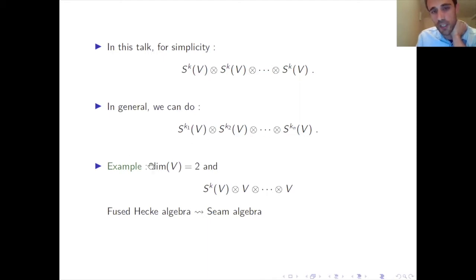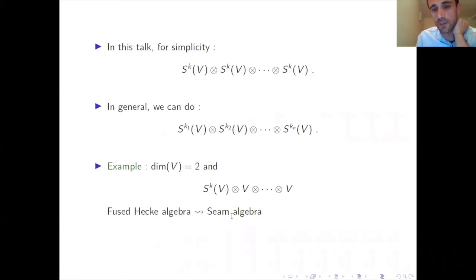And for example, if the dimension of V is 2, and if we choose to take K1 arbitrary, so K, but all the other Ks to be 1, so just the simple space V, then the fused Hecke algebra was actually studied under the name of Sim algebra. So again, this is for dimension of V is 2, so it has something to do with the Temperley-Lieb algebra.